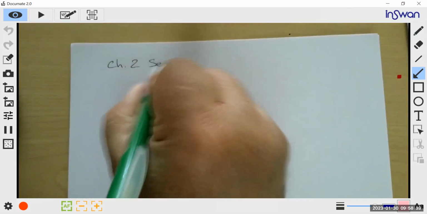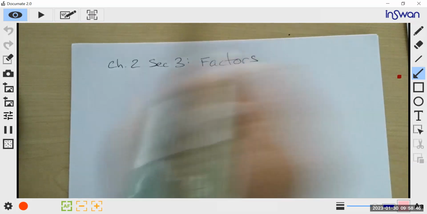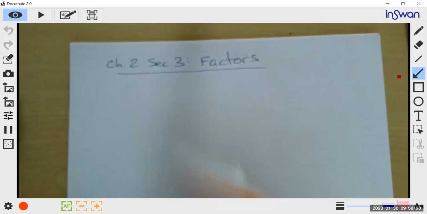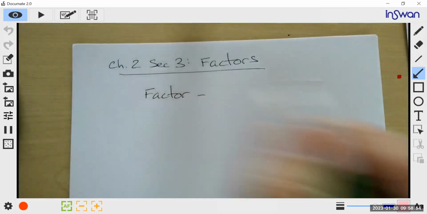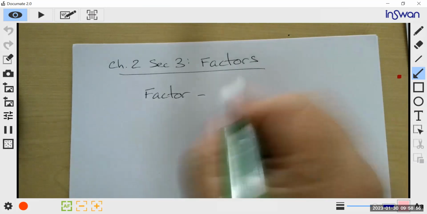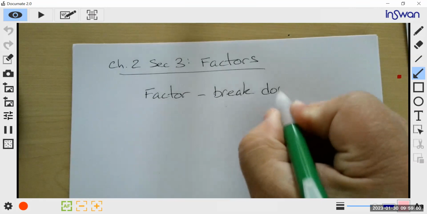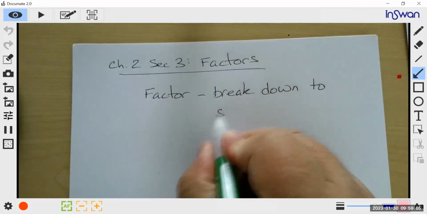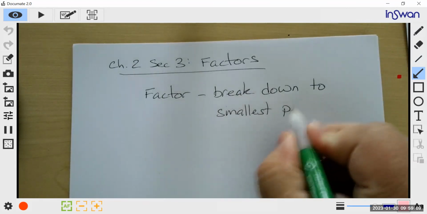Chapter 2, section 3. Factors. When you factor something, you break it down to its smallest pieces.